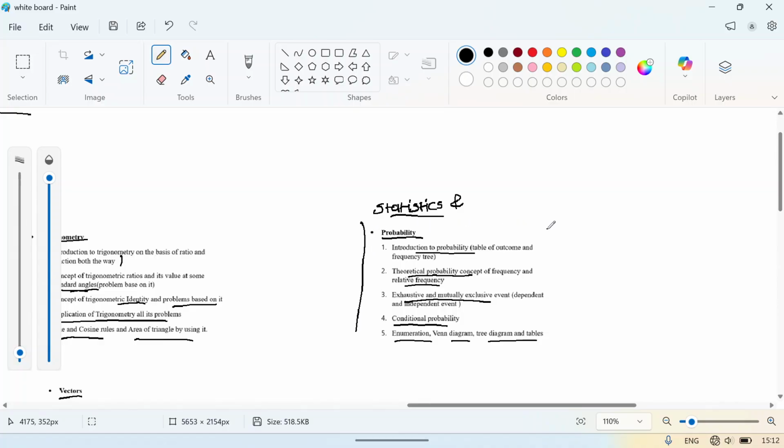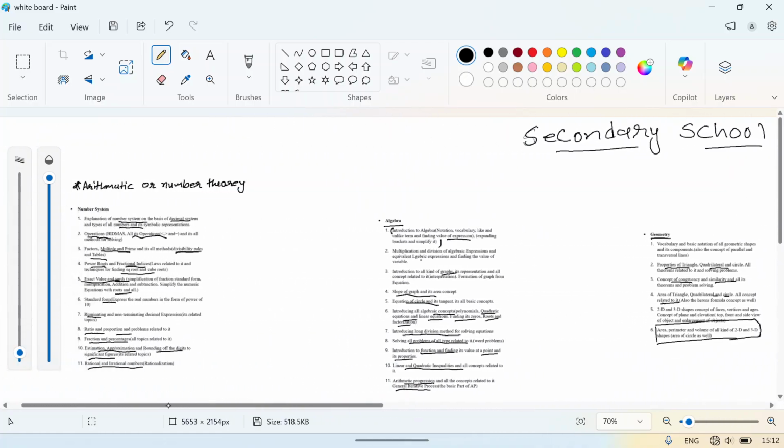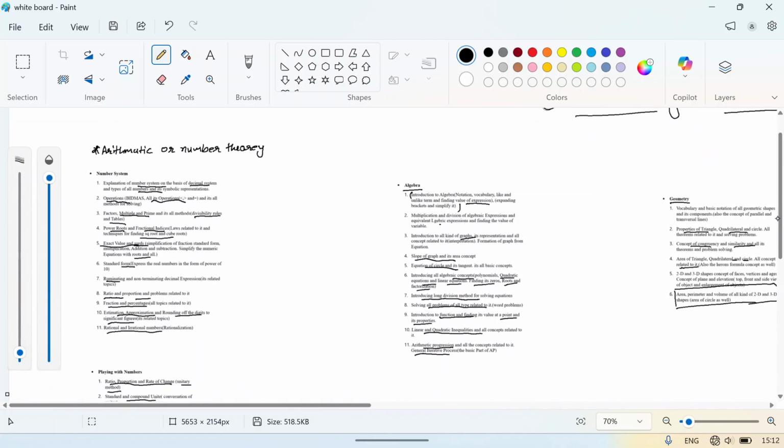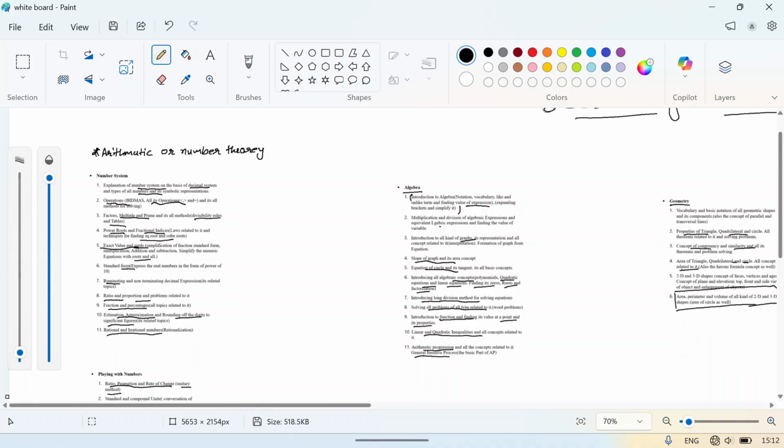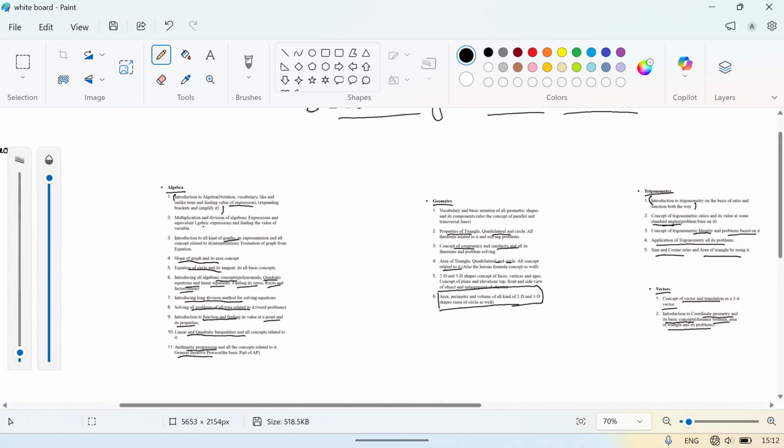So after covering all these topics, we complete our secondary school mathematics course. In this course, we first learn about arithmetic or number theory. Then we learn about algebra. After that, we cover another larger section of secondary school mathematics, geometry.